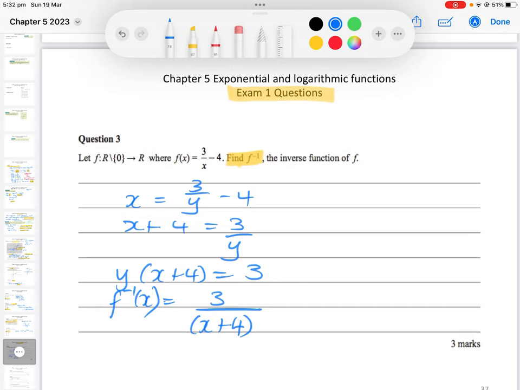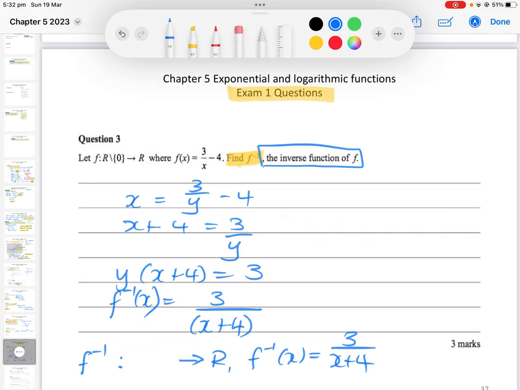Back in the day it's different now, but when it says find the inverse function, usually you'll be asked to find the rule, but if it wants you to find the function, you need to write it out as f to the minus 1 such that, and then we'll have the domain onto R, and then the rule. So usually I think nowadays you'll get asked to find the rule and the domain, but this is just an older question, but still it might pop back up, so you want to make sure you get it right.